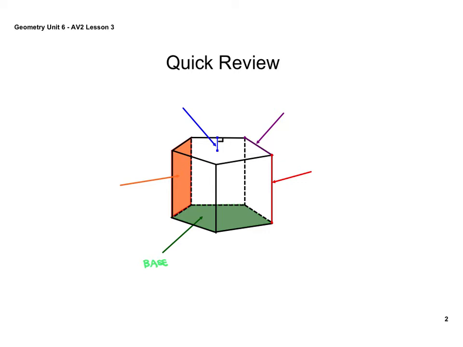So that's our base. Staying with this idea of the base, let's talk about the purple and blue segments that we've got here. The blue segment we call the apothem. The apothem, of course, is unique to the regular polygons. The purple segment is not unique to regular polygons.